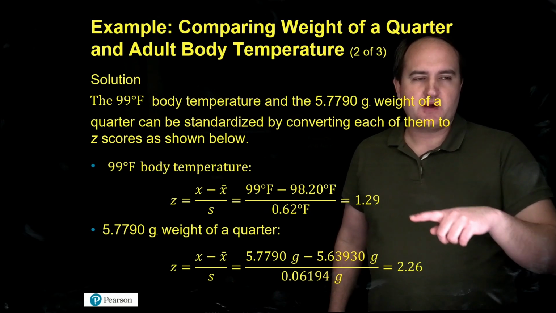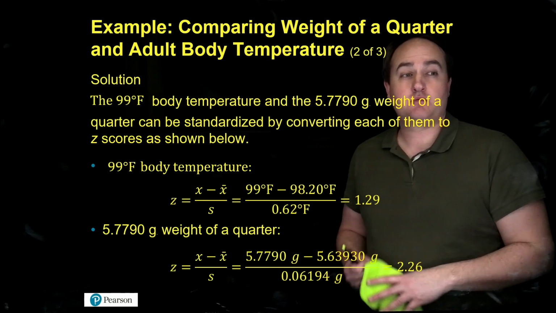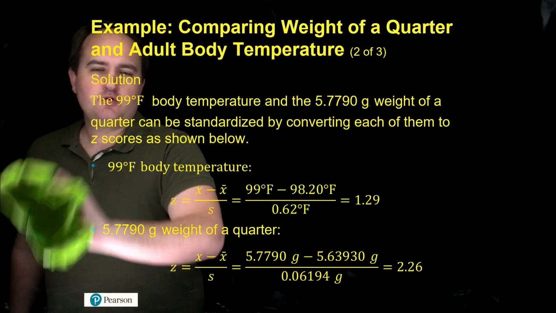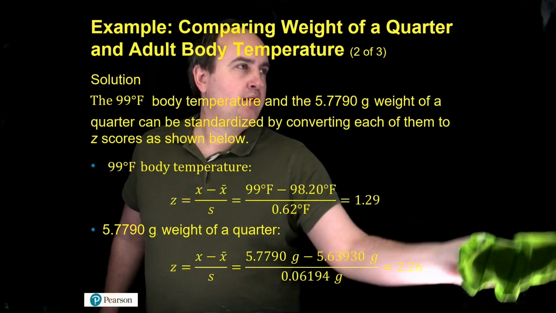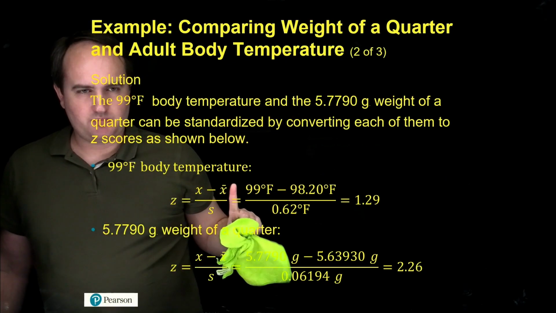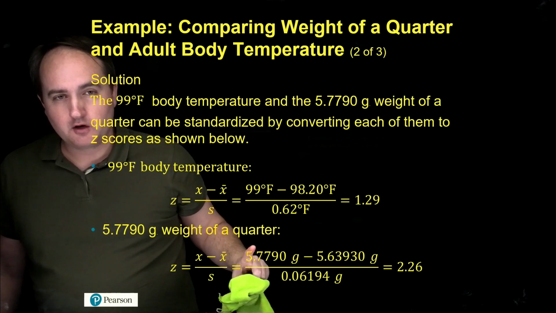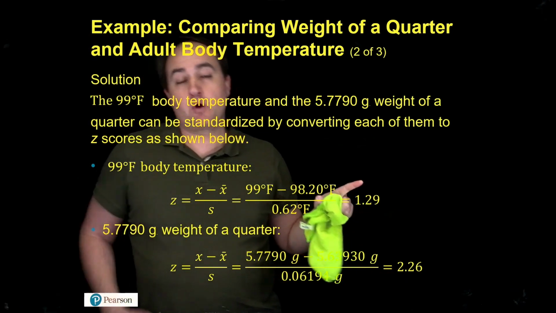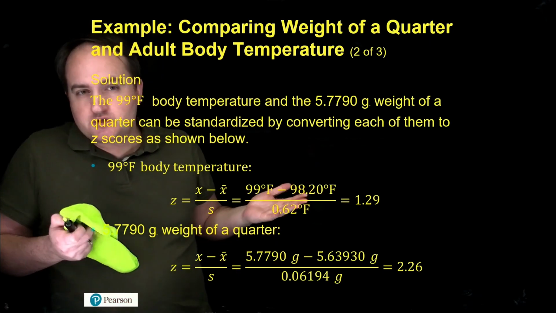So kind of a cool thing here is we're able to compare these two z-scores even though they're from completely different data sets, right? I mean, who knew that you could compare a data value for human body temperature to the weight of a quarter, and you're actually able to notice which one is more extreme. Well, which one is more extreme?